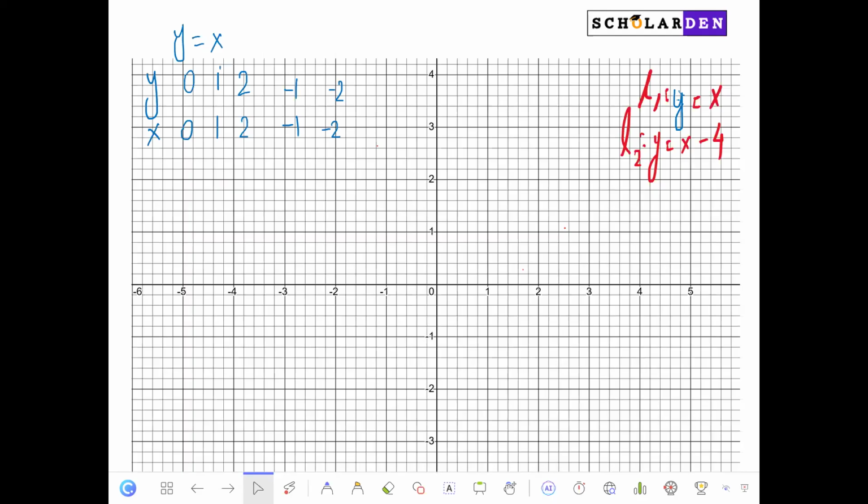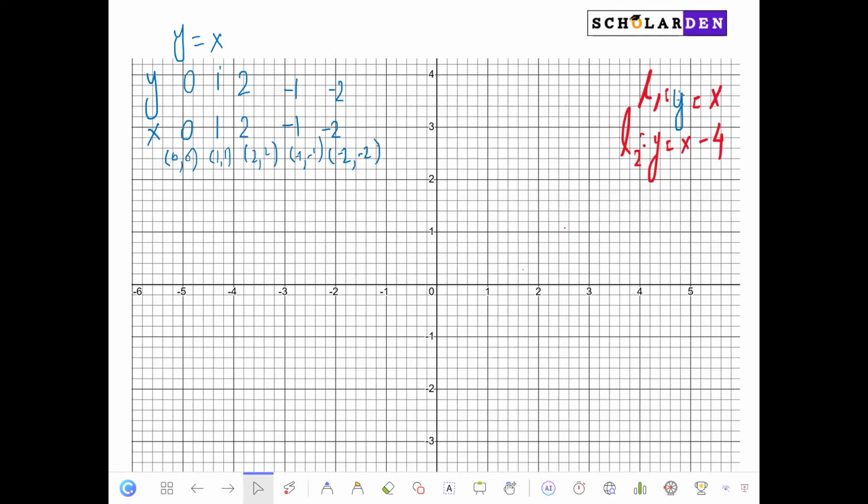So the first point is this coordinate, x is 0, and y is 0. These could all be written as coordinates: 0, 0, 1, 1, 2, 2, -1, -1, and -2, -2. Because this is a value for y, this is a value for x, you can write them as coordinates as well.